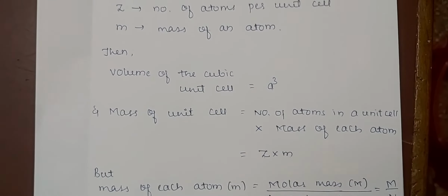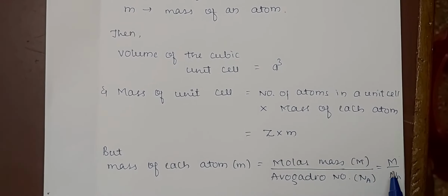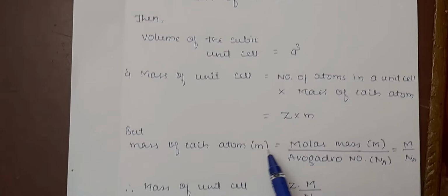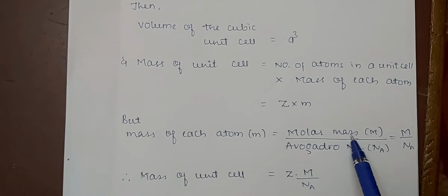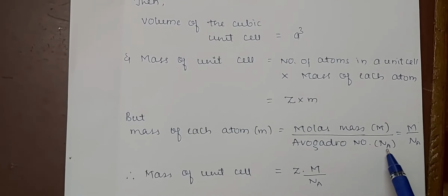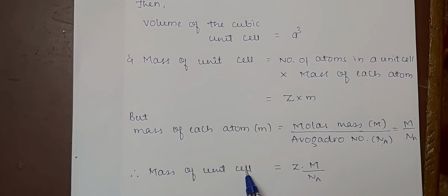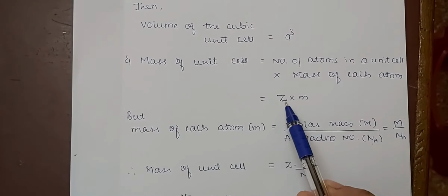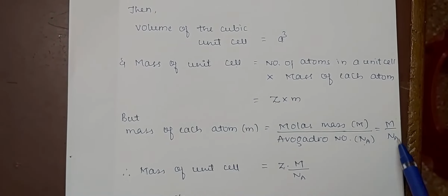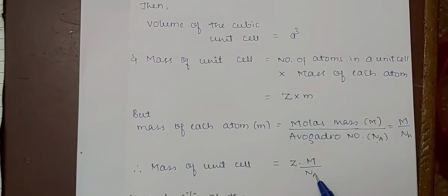But in terms of Avogadro number, in terms of atomic mass, we have mass of each atom small m is equal to molar mass, that means capital M divided by Avogadro number Na. Therefore, mass of unit cell, Z into m, means it is Z into M by Na, hence molar mass divided by Avogadro number.